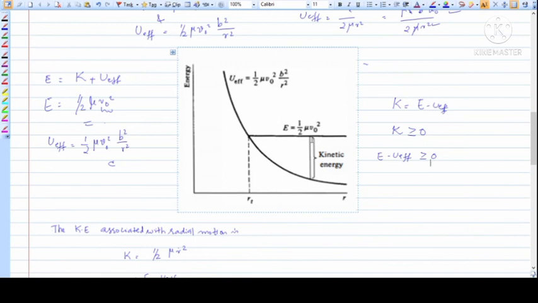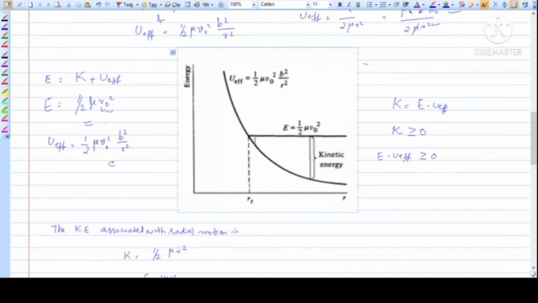This is the difference between energy and U effective, which is the magnitude of kinetic energy. So initially R is very large and the kinetic energy is higher, and when the particles approach or R decreases, the kinetic energy vanishes at a point RT.